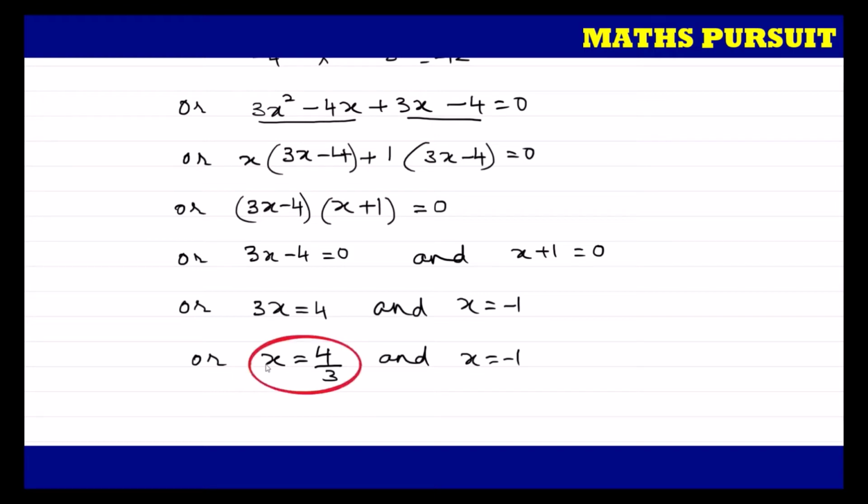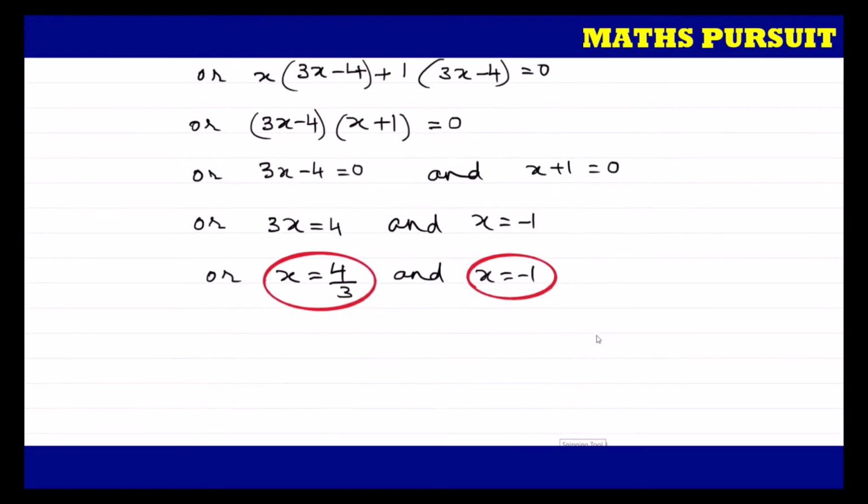If we replace the value of x with 4/3, we will get 0. If we replace x with -1, we will also get 0. So what are those two things that we got? One is x is equal to -1 and the other one is x is equal to 4/3.